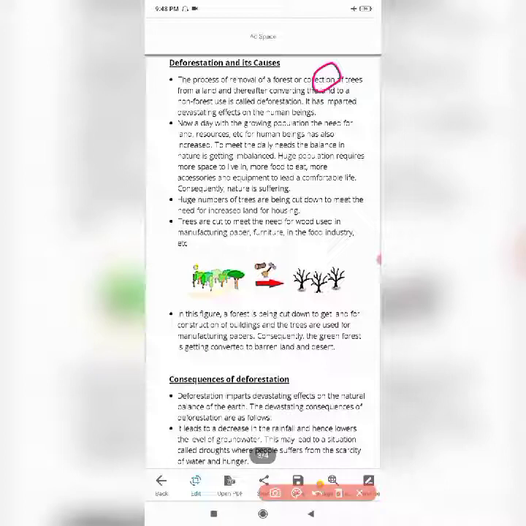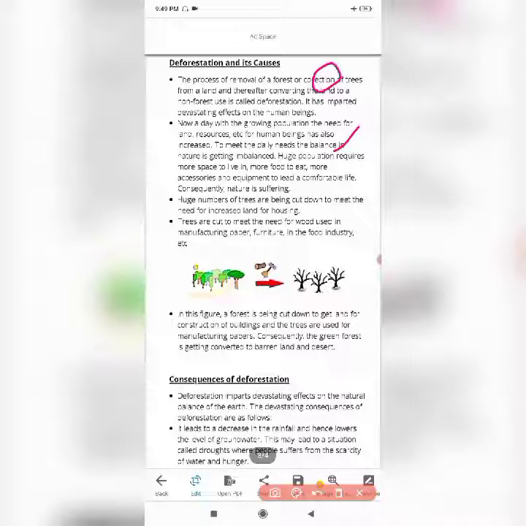Nowadays, with the growing population, the need of land and resources for human beings has also increased. So day after day the need of resources increases, and a huge number of trees are being cut down to meet the need of increased land for housing.